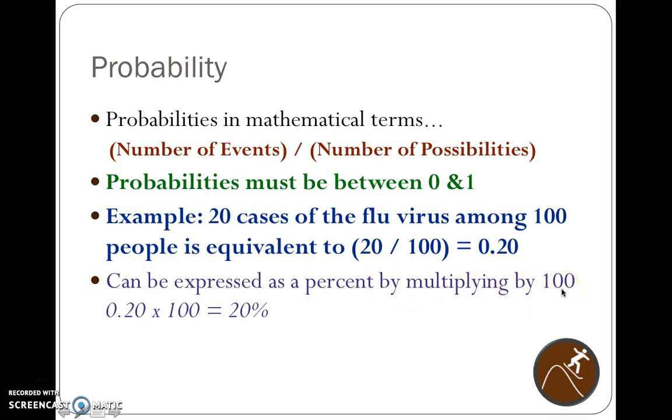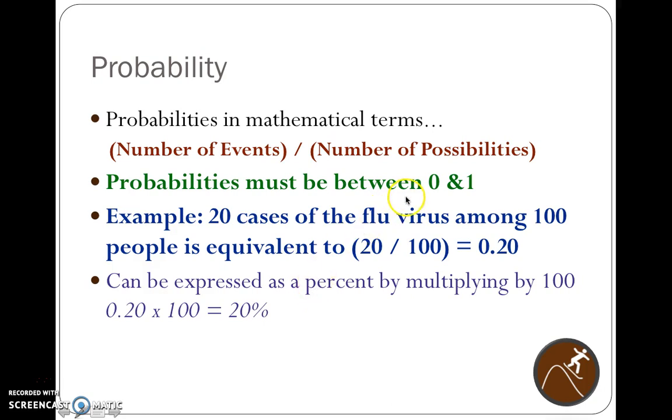Centennial, like a bicentennial, refers to 100. So per centennial means per 100. When we multiply things by 100, we express them as a percent. So 0.20 times 100 gives us 20%, which also means 20 per centennial or 20 per 100.